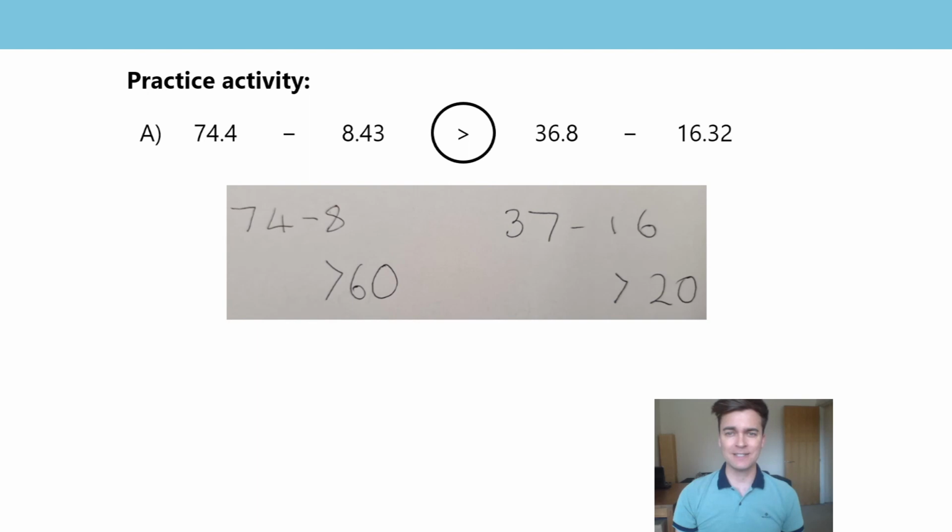Whereas on the right, based on the rounded minuend and subtrahend, if I did calculate it, the difference I thought is going to be greater than 20. So then if I compared the 60 and 20 as my approximate differences, I was able to fill in the missing symbol. I wonder how you approached it.